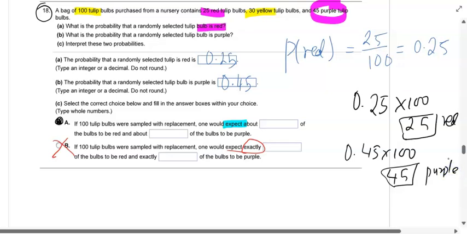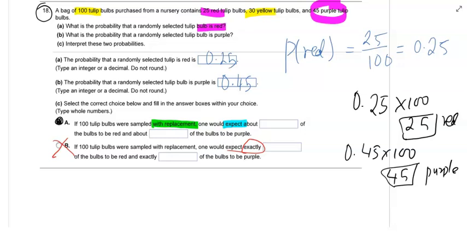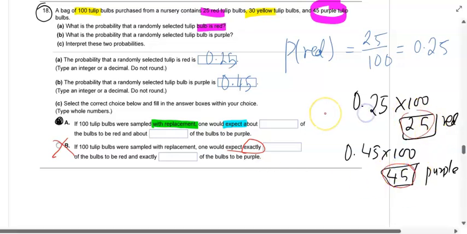Notice that if you replace, the number of tulips doesn't change in the bag. Therefore, here with replacement is an important word. One would expect about 45 purple and 25 red. And we put about 25 red, and we expect about 45 purple tulips.